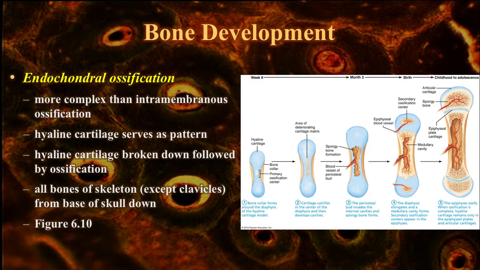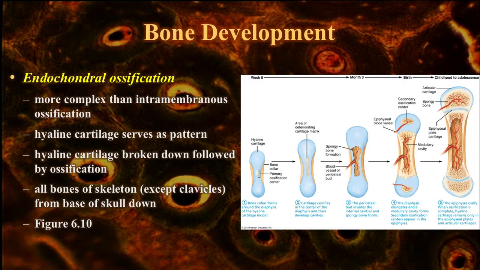The hyaline cartilage is broken down, and bone is deposited into place. Now, on these long bones, it starts here in the middle. So you're going to have the middle part of the bone formed, and the ends are still going to be made of cartilage. Then, secondary ossification centers start in the middle of those ends.